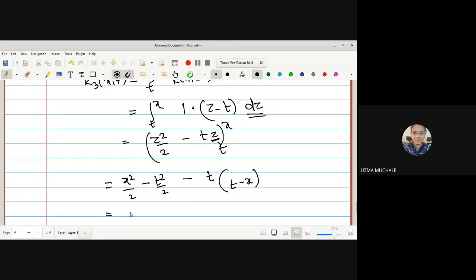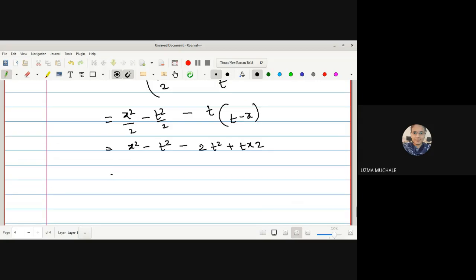So we can get this as x square minus t square minus, if I multiply by 2, t square minus minus becomes plus, tx into 2. Now let me evaluate this. Simply I have taken the LCM; this is x square minus, divided by 2 now. Okay, wait.